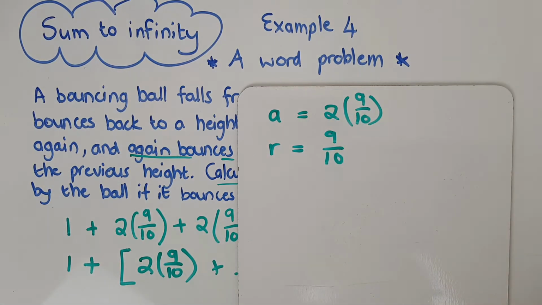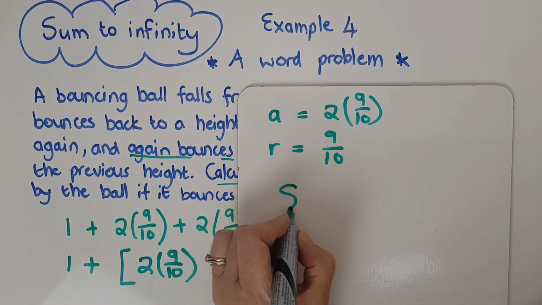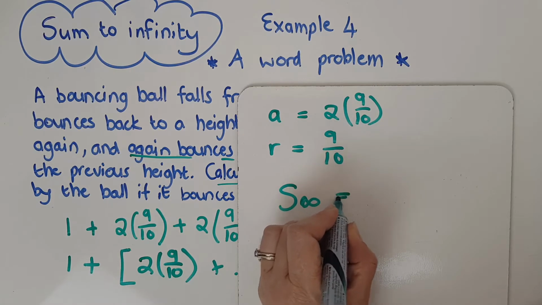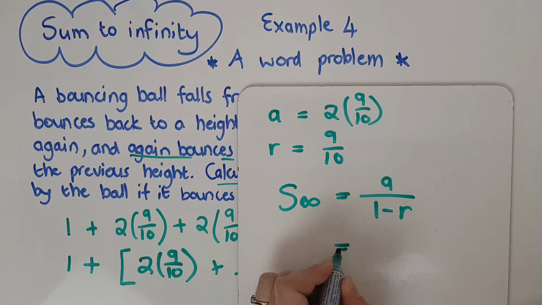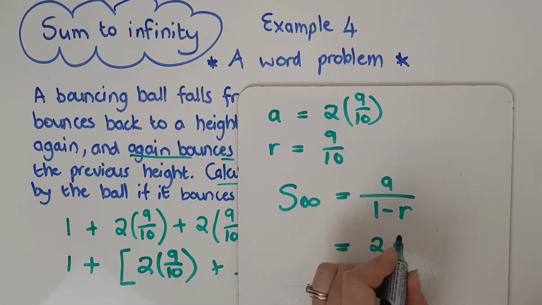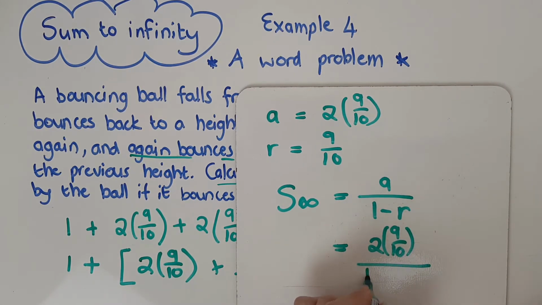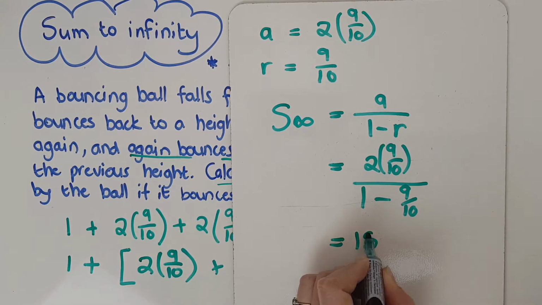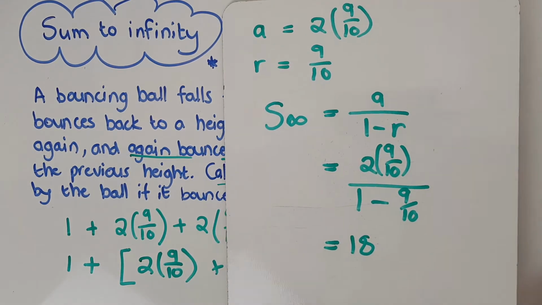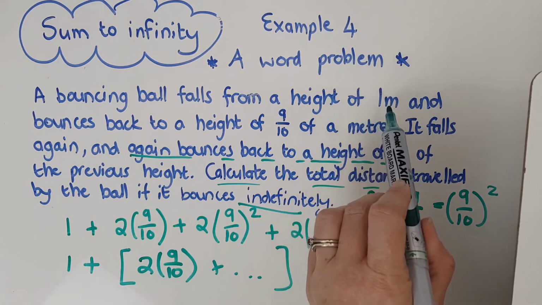So when I go sum to infinity, sum to infinity equals a over 1 minus r. It equals 2 times the 9/10 over 1 minus 9/10. And when I plug that into my calculator, I get 18. What was my unit again? A bouncing ball falls from a height of 1 meter.